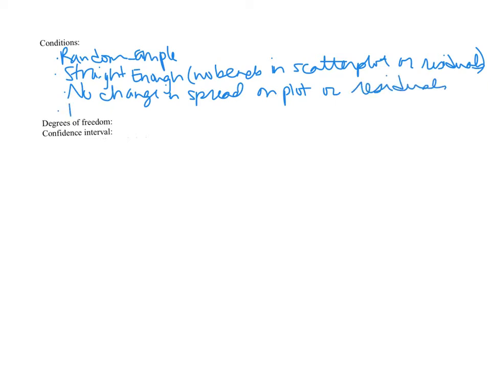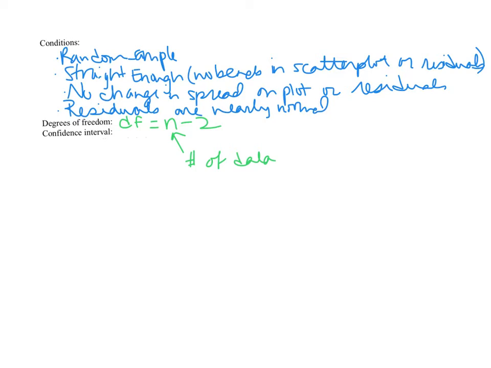And the last one is that the residuals are nearly normal. The other thing that's more important than this is the degrees of freedom. The degrees of freedom in this case is n minus 2, where n is the number of data points, and each data point includes two numbers, like an x and a y.